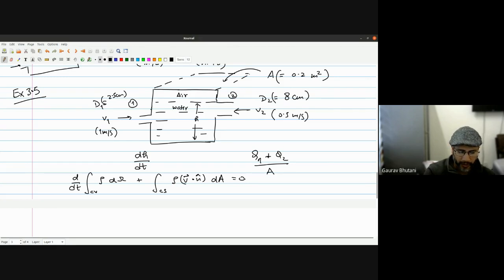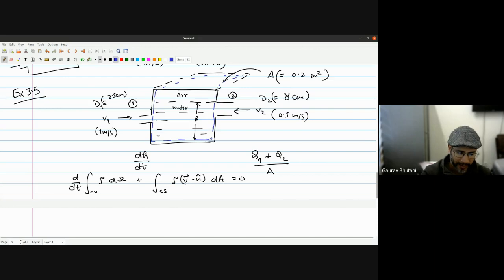Firstly, the control volume that we have taken. Let's take the control volume as the same as the tank volume that we have. I didn't draw the complete tank, but think of the complete tank as the control volume.